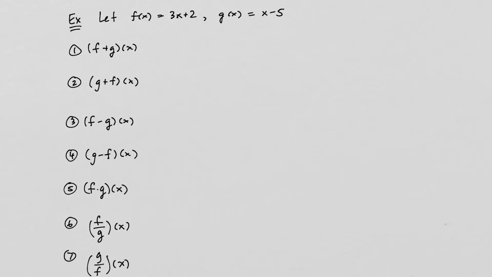So here we have the function f of x equals 3x plus 2, and the function g of x equals x minus 5. And as a note, I'm going to mention that the domain of f of x is all real numbers because there are no values of x that we are not allowed to plug in.